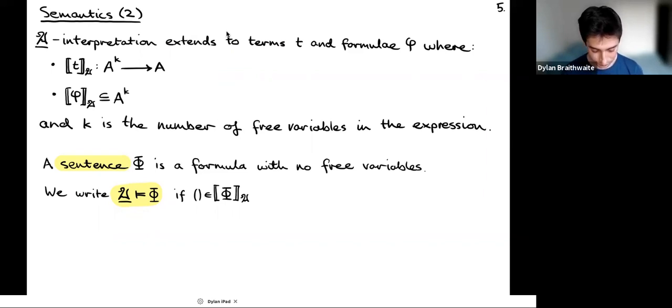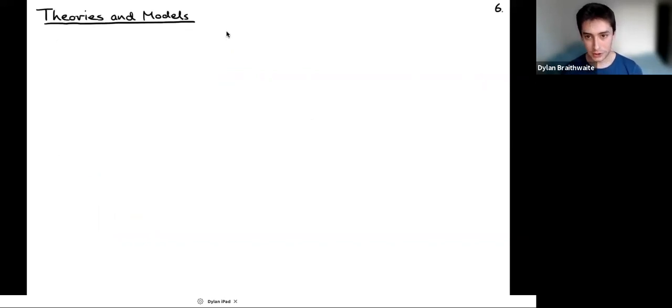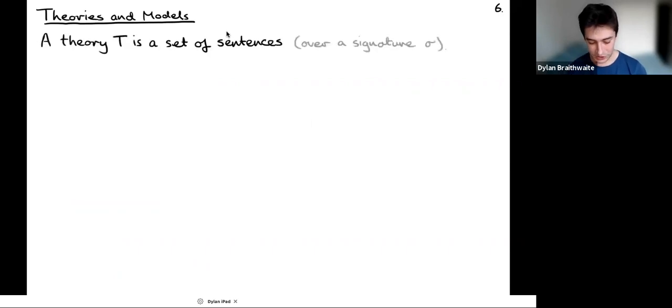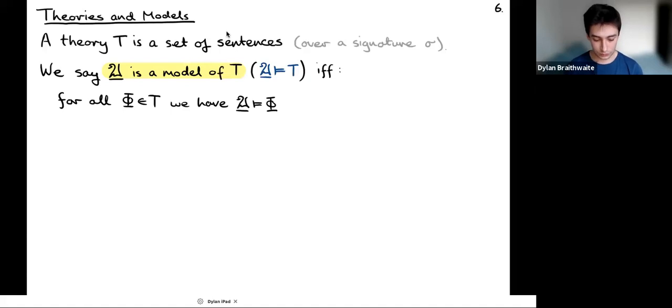From there, we can go on to talk about what actually is a model. Models are considered relative to theories, which is just a set of sentences over some fixed signature. We then say that a structure is a model of a theory if every sentence in the theory is true in that structure.